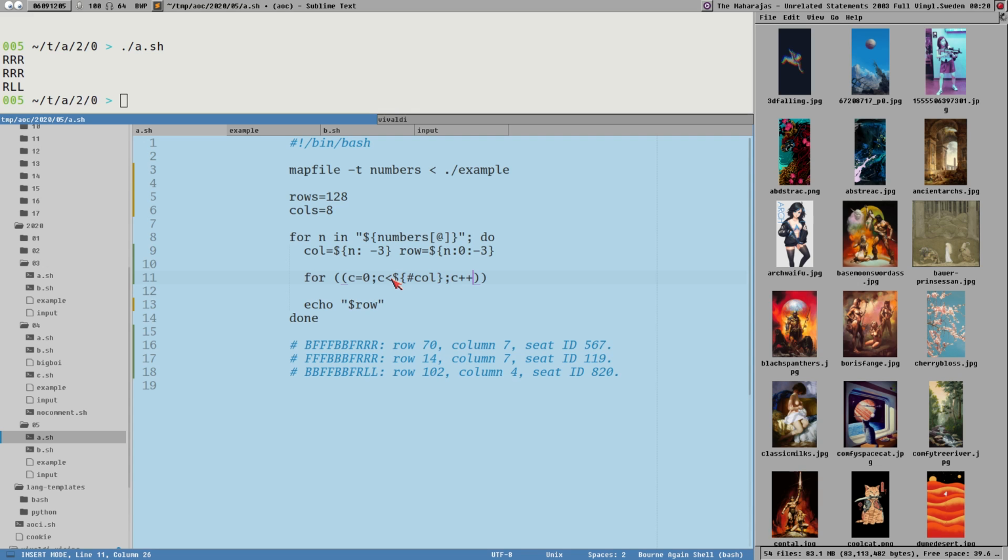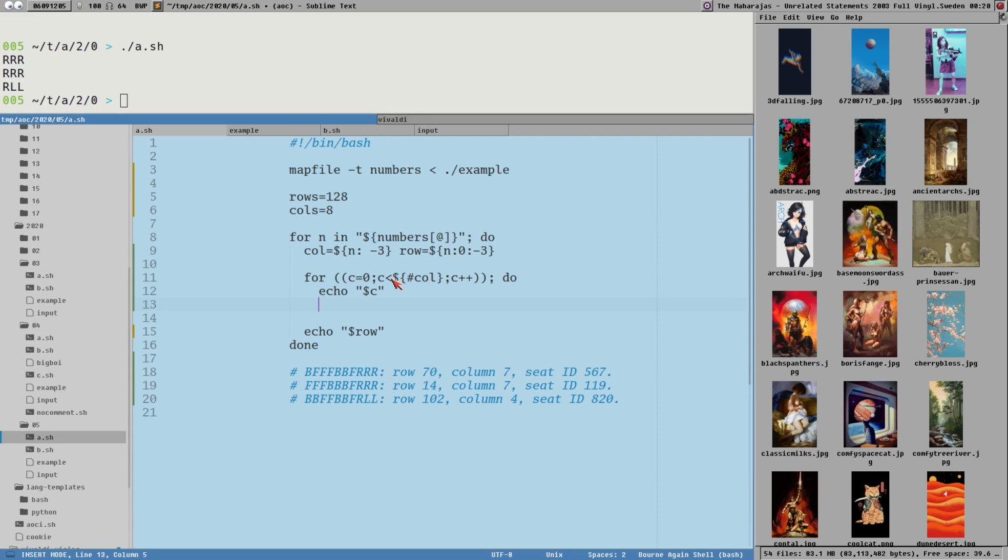c++, do echo c, done. Yeah, it just prints the number, good. We don't want the number, we instead want col.